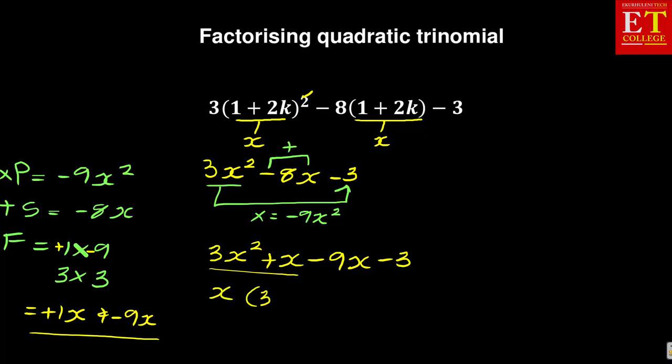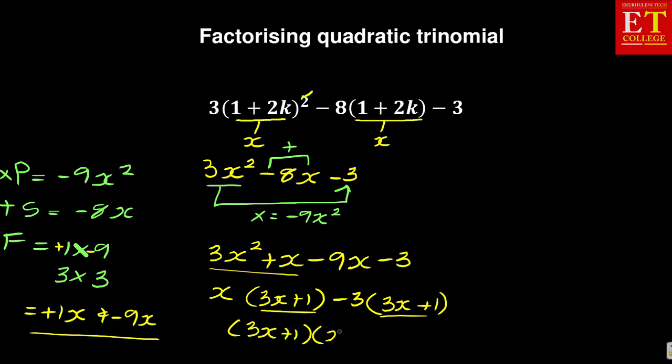So you have got your 3x plus 1. You must also get the same bracket in the second one. What is common between minus 9x and minus 3 is a negative 3. 3 into 9x is again 3x plus 1. So now you can see that the brackets are the same. So you're going to have 3x plus 1 and x minus 3.